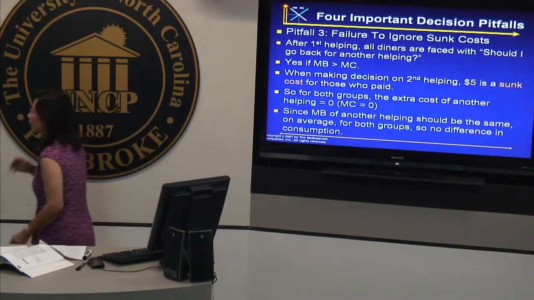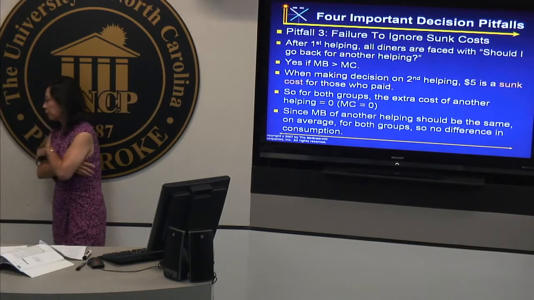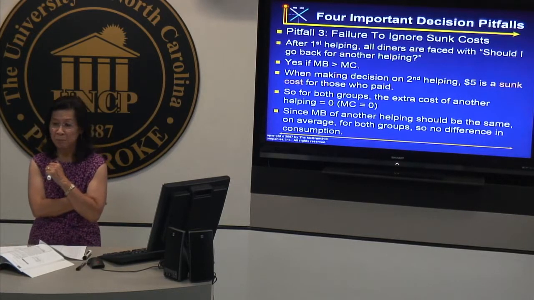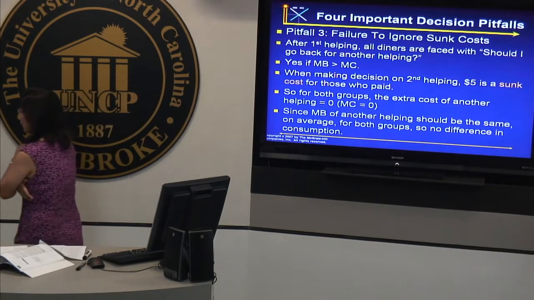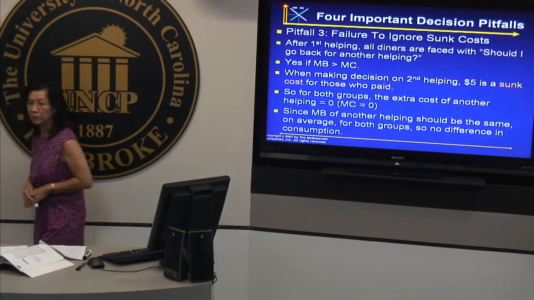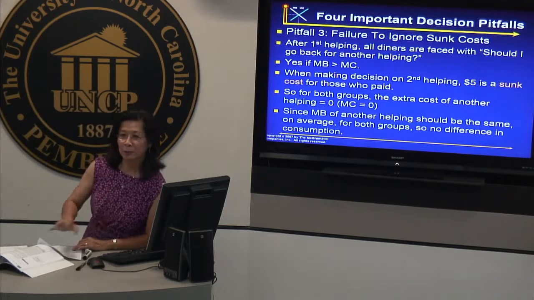Then the next thing to consider is the marginal benefit. We're assuming that the marginal benefit of another helping, on average for any given person, should be more or less the same. So for both groups, there is no difference in consumption in this case. If you need more explanation, it's in the book.